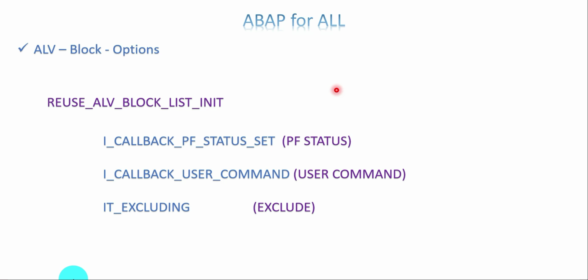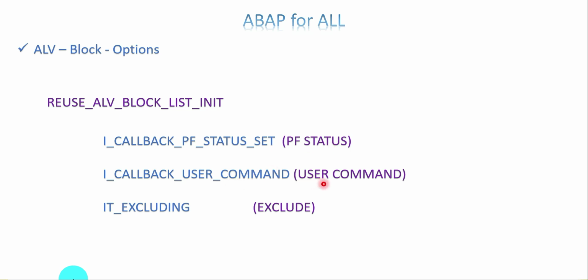Another one is few options, like where we can use a PF status and user command for the block. Because we are using a different function, right? We are not using grid, we are not using list. So we are using block list init. In this function module, you have a parameter called callback PF status set. This is used for PF status. User command is used for user command.